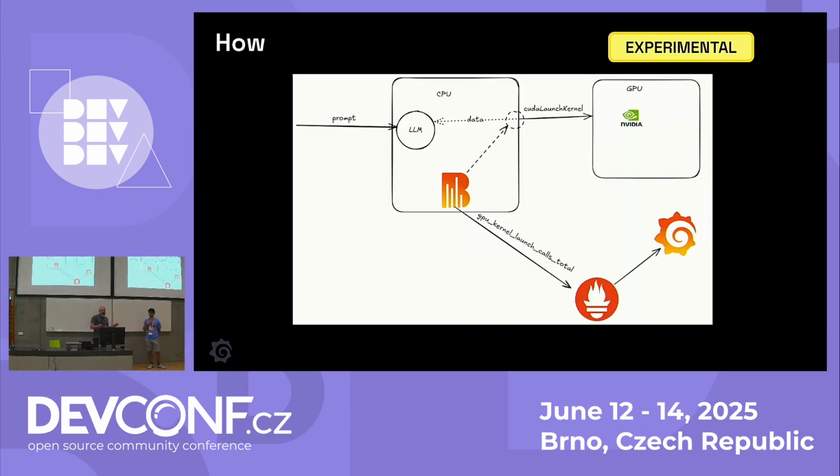So let's see an example of how this works. We have here a prompt that goes to our favorite LLM system, and what this is going to do is process this data, and send it to the GPU via this CUDA launch kernel function, and the GPU is going to do the calculation, and return this calculation back to the LLM.